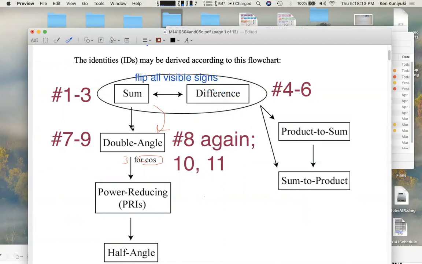Now, to get from the sum identities to the double angle identities, numbers 7 through 9 at least, we're going to apply a trick. Eventually, we're actually going to get 5 double angle identities. There are 5 of these because there are 3 for cosine. We'll deal with those later. For right now, let's get to the 3 primary double angle identities, identities numbers 7, 8, and 9.